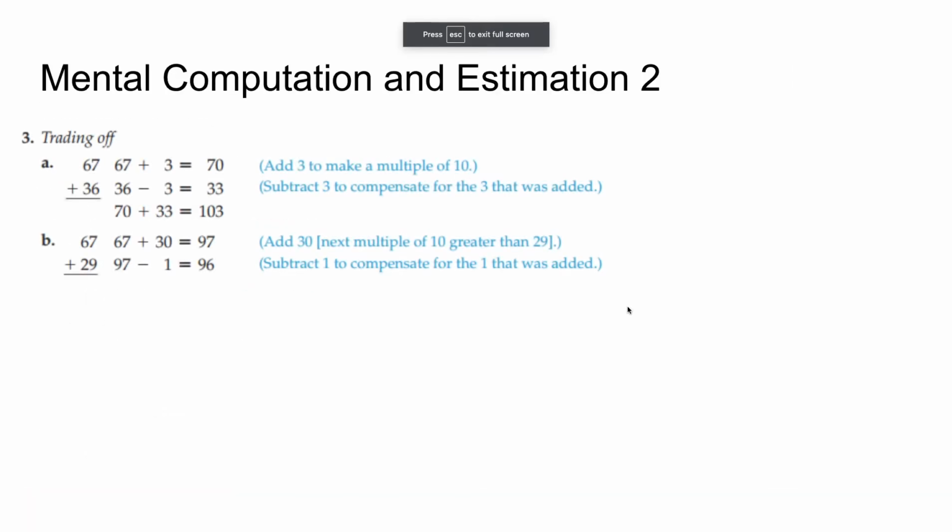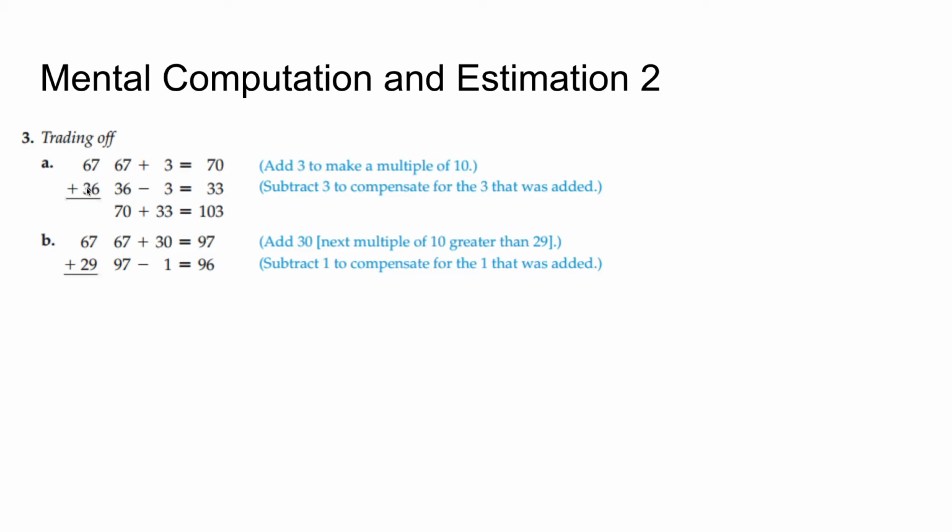Okay, the third method is trading off. Trading off is the compensation method, in other words. To make an easy number, you can add 3 to 67. Then since you added the 3, you need to take 3 away later from the other addend.